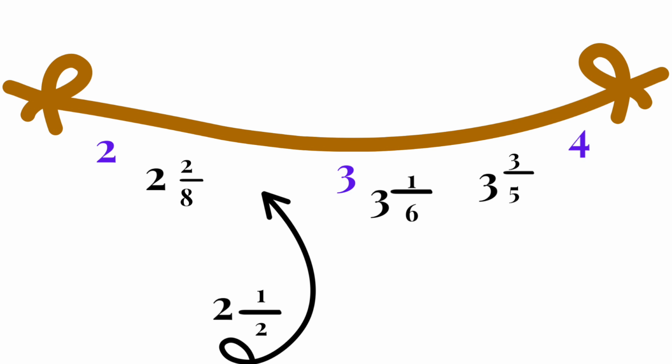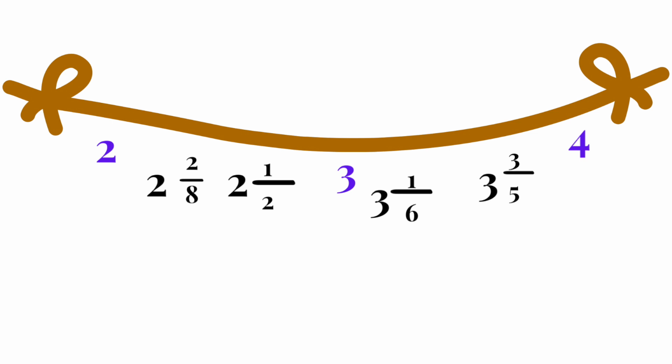We can clearly see it's larger than 2 2/8, but smaller than any of the numbers beginning with 3. Looking at the clothesline, we can visually confirm our order. 2 2/8, 2 1/2, 3 1/6, and 3 3/5.